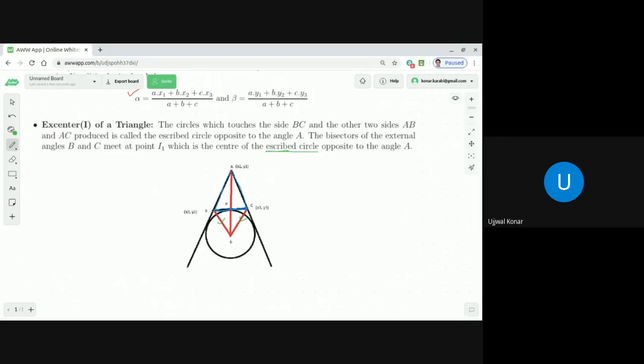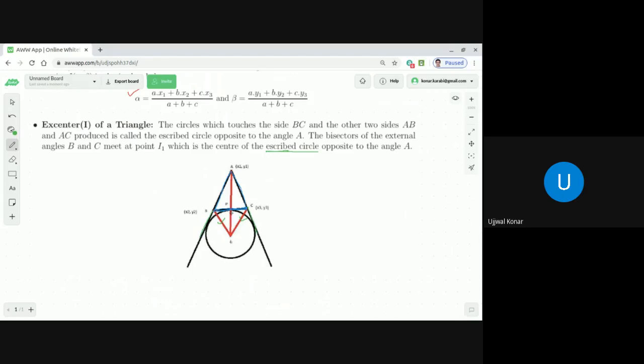Now what we are doing is constructing a circle which touches the side BC and also the sides AB and AC, which are produced. Produced means extended. You need to extend AB and the side AC.